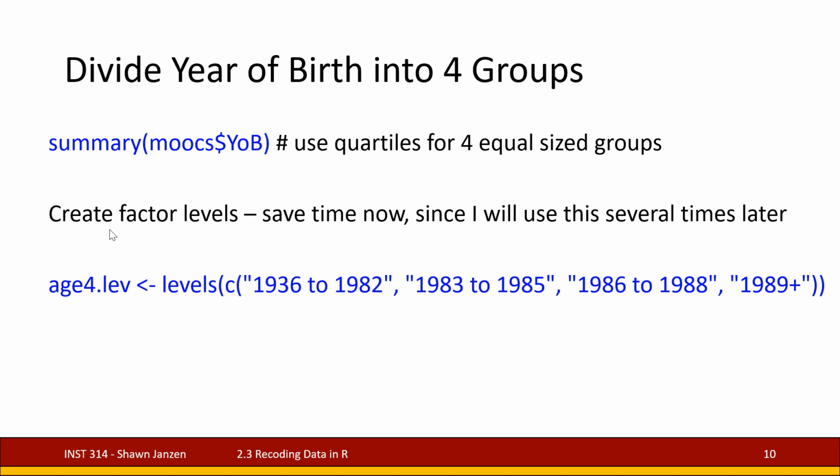In this case, we are creating a new variable called age4.lev, short for age4levels, and I'm making this value, which is going to store just the different levels that I'm typing out. That way I don't have to type all of these years over and over again. I'm using the function levels, and I'm putting in the number ranges for the ages: people who are 19 to 36, to 1982 is in the first group, then 1983 to 1985, and so on. These are based off of the quartiles from before.